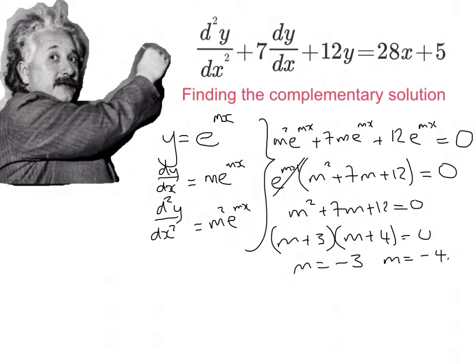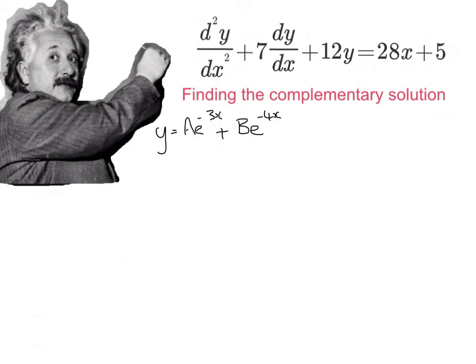So that tells me that if I have e to the minus 3x and e to the minus 4x, in fact I can have any amount I like of those, and when I differentiate and differentiate again, I've forced it to work that this will all produce 0, and that's my complementary function. Let's check it works.